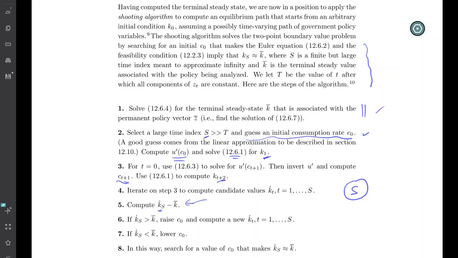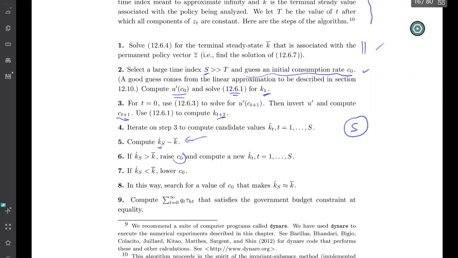If it isn't, we're going to go back and change our guess for C0 and do it again. Then we would have computed all the prices and allocations, and the final thing we're going to do is compute the present value of the head tax that we need in order to satisfy the budget constraint. So this is a residual.